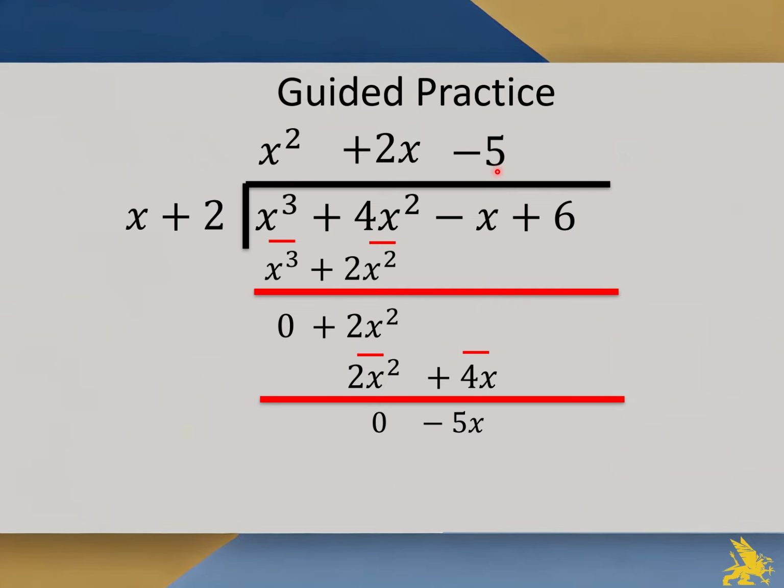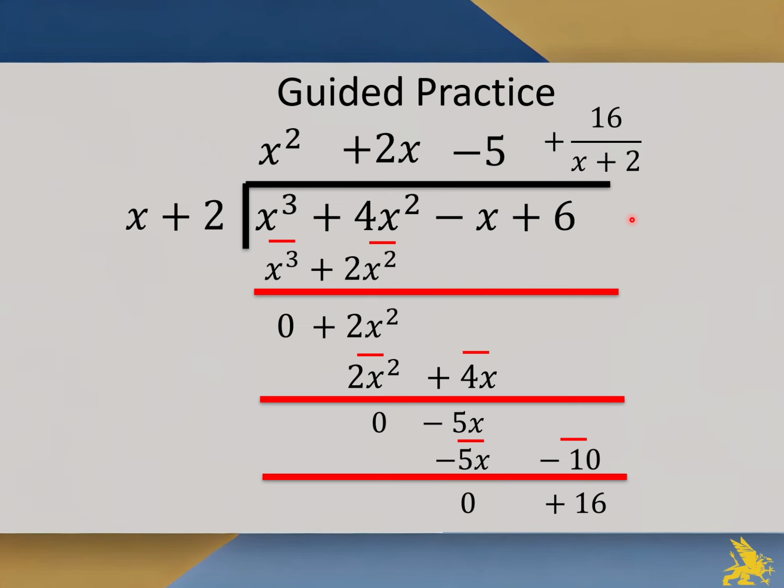To find out what I've shared, I go the opposite way. Negative 5 times x equals negative 5x, and negative 5 times 2 is negative 10. I take what I've shared away, it cancels out this, and I've got 6, take away negative 10, and it gives me 16. 16 still needs to be divided by x plus 2.